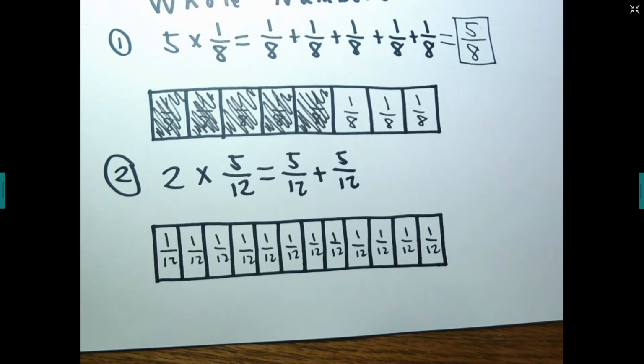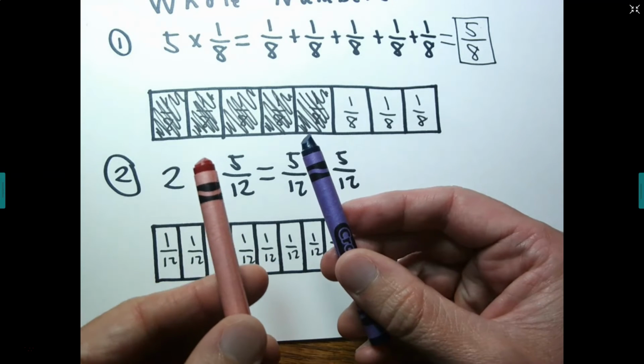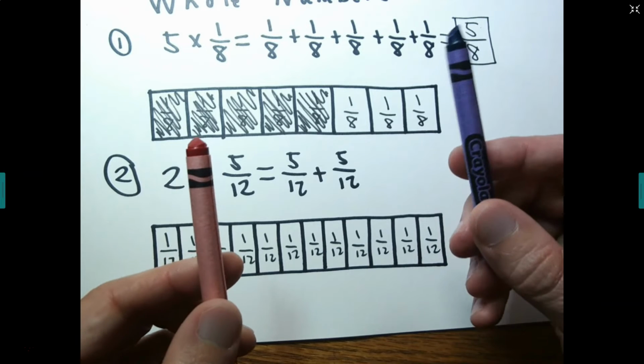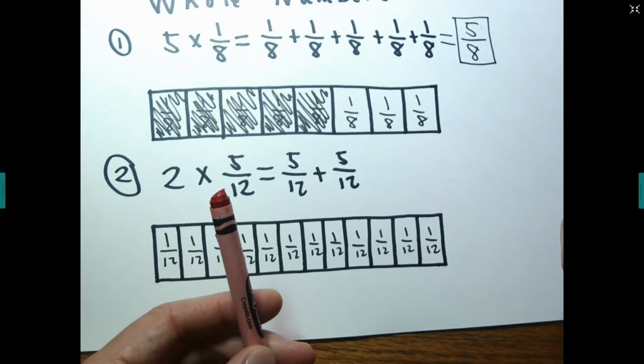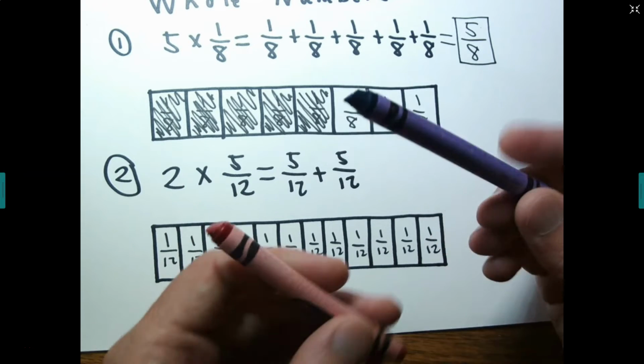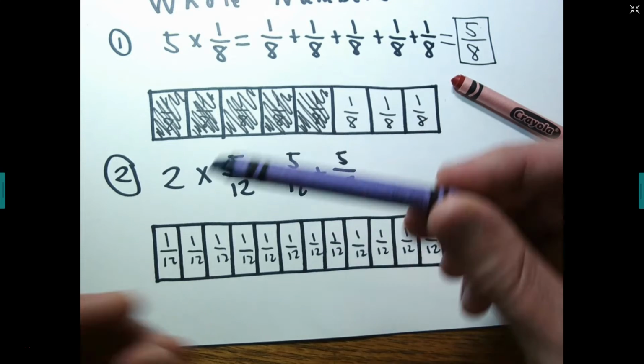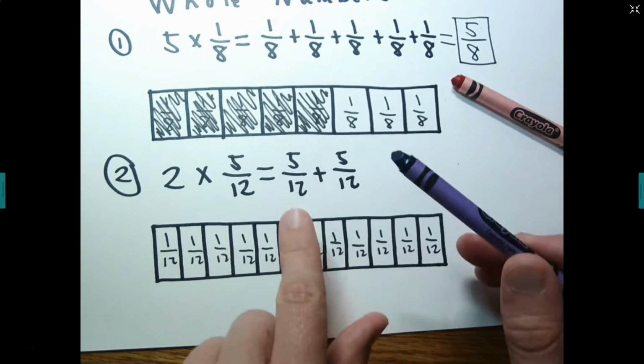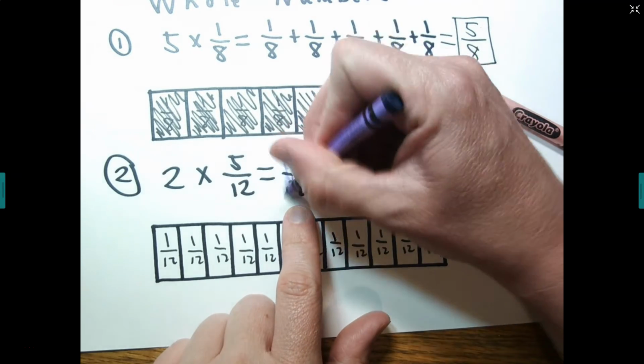Okay. I'm going to use crayons so I can keep track. You could use crayons also, or you could consider using colored pencils, or just a regular pencil if you don't have colors, that's fine. I'm going to use purple for this first 5 twelfths.